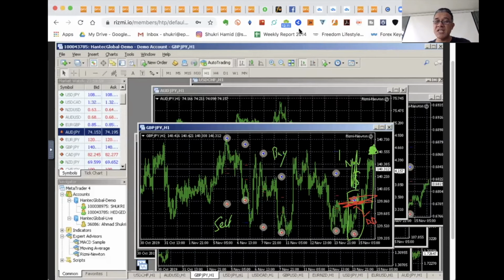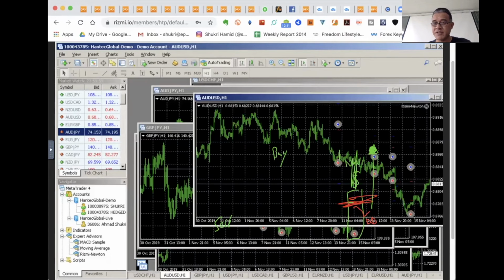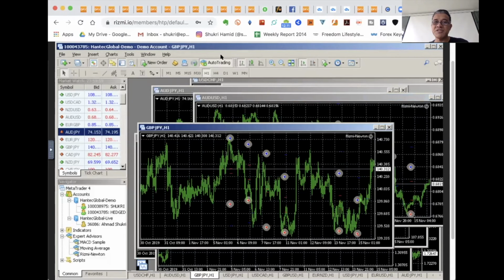So this is what you see with Newton, and on the other pairs you can see it constantly learning and learning. This is what I love about it, because it's forever learning these patterns. And just by doing this, you can draw a nice pattern. This is like Aussie here, but let's go see GBPJPY because I want to show that as an example too. This is H1, but you can easily draw a line like that here.